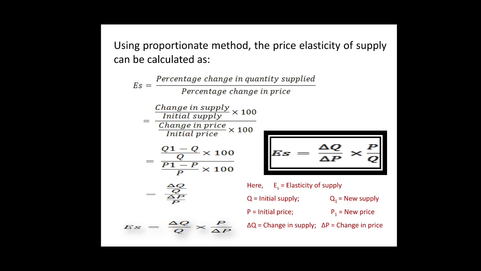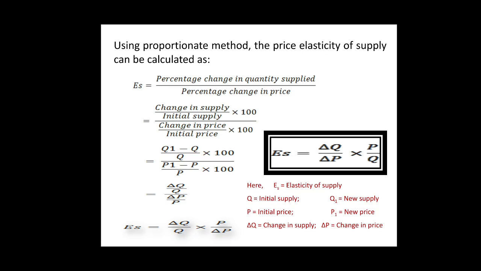Percentage change in quantity supplied is equal to change in supply divided by initial supply into 100, and percentage change in price is equal to change in price divided by initial price into 100. Thus, elasticity of supply is equal to change in supply divided by initial supply into 100, whole divided by change in price divided by initial price into 100.